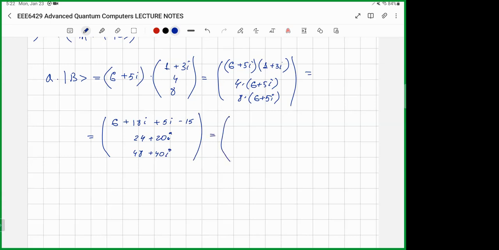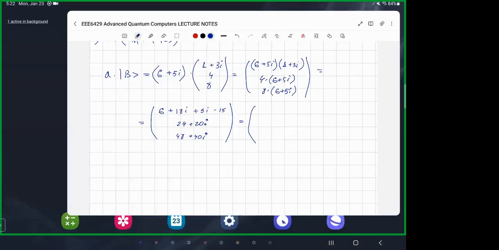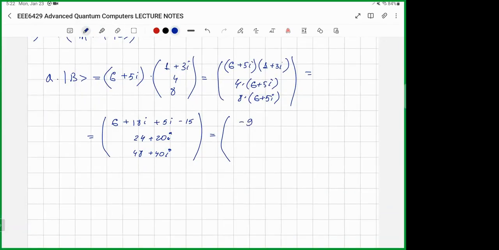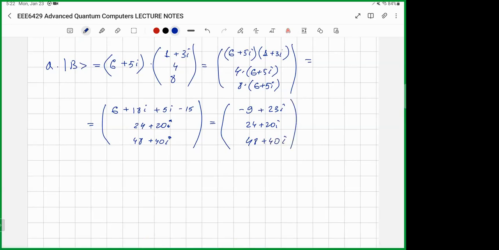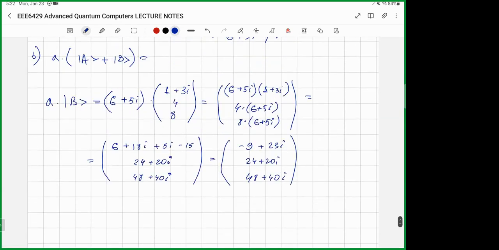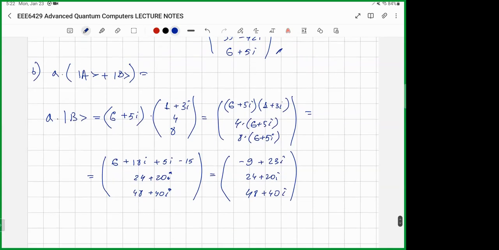Okay, so now minus 15 plus 6 is minus 9, and then plus 23i. Then 24 plus 20i, and 48 plus 40i. So this is the result, and now for this here.